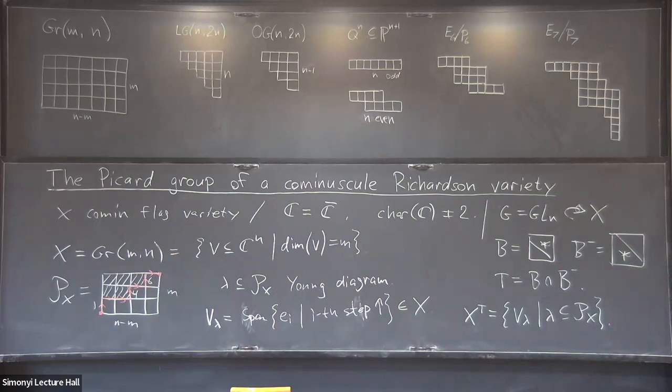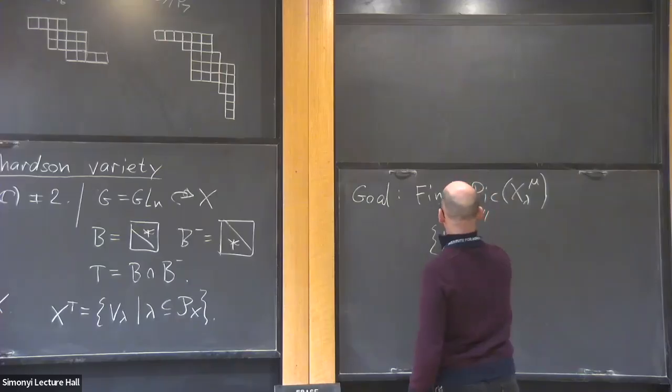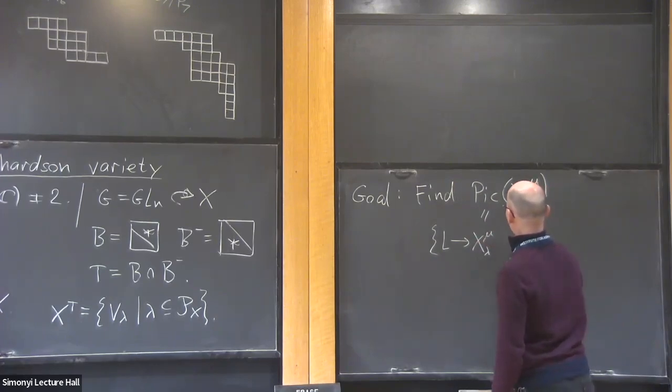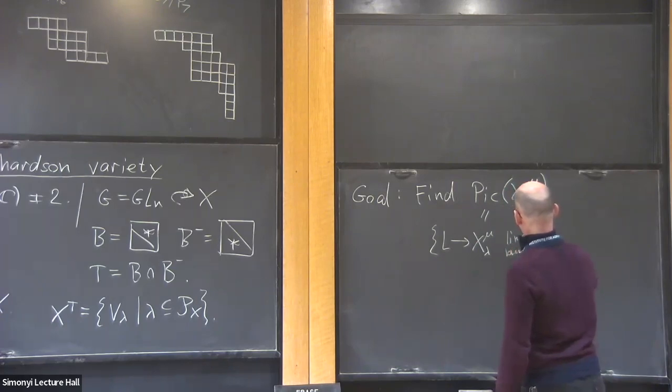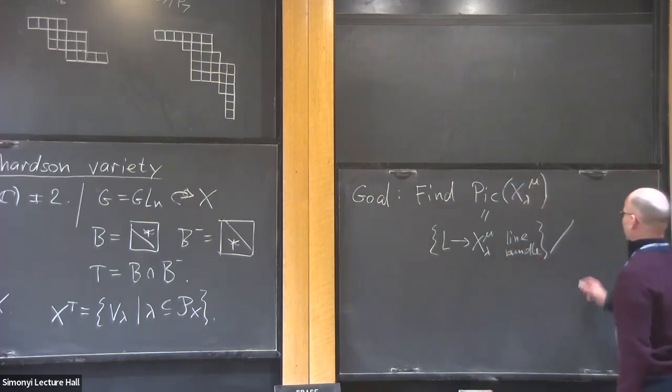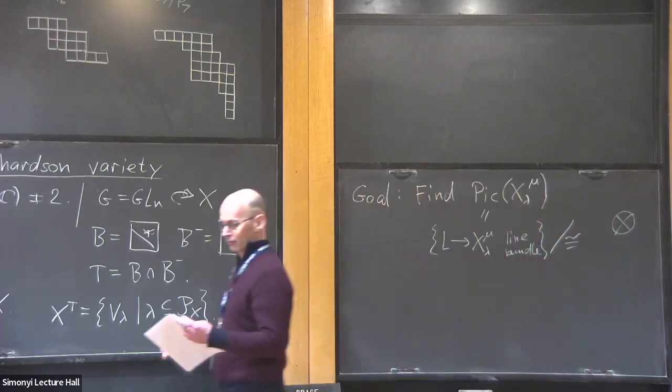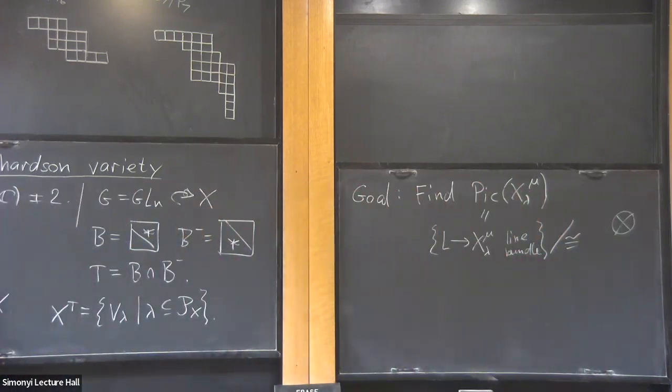Right, which is the set of all line bundles on the Richardson variety, up to isomorphism, right? Group operation is tensor product that gives a nice abelian group.